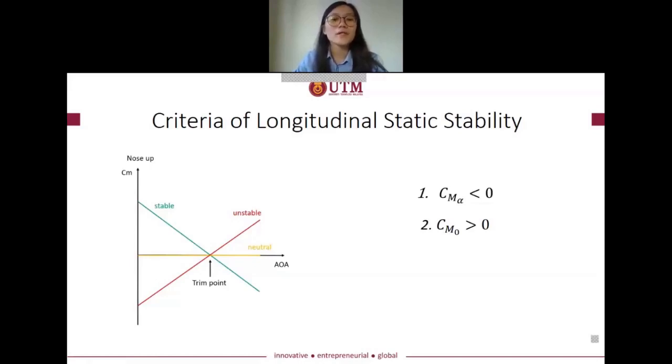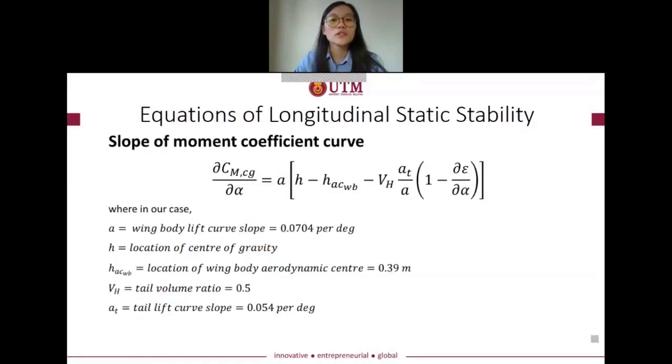For example, when a gust causes the aircraft to pitch more than the trim angle, the aircraft will pitch downwards automatically. Therefore, the aircraft will return to the trim angle without the pilot's control. The longitudinal static stability can be verified by using calculations. Firstly, the equation of the slope of the moment coefficient curve is introduced.